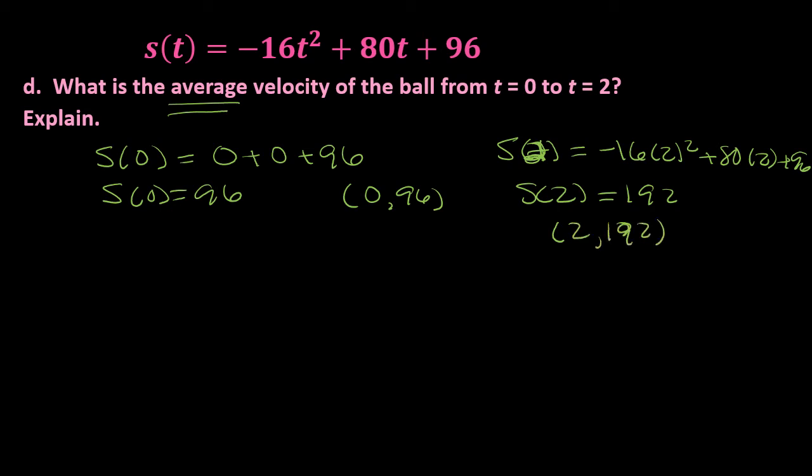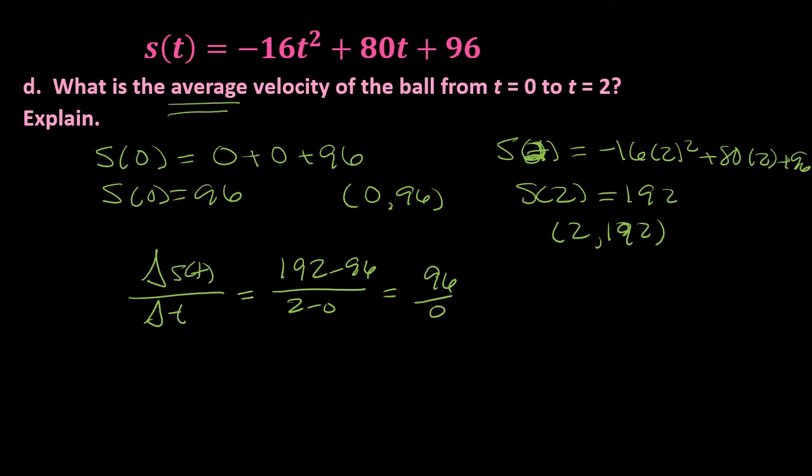So the average velocity is going to be the slope, which is the change in y over the change in x, so the change in s of t over the change in t. So I'm going to take 192 minus 96, and then I'm going to take 2 minus 0. 192 minus 96 is 96, so 96 over 2, which is 48.